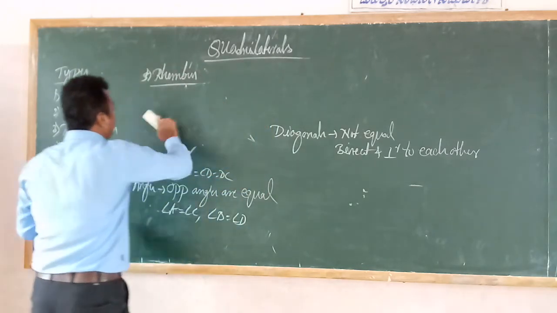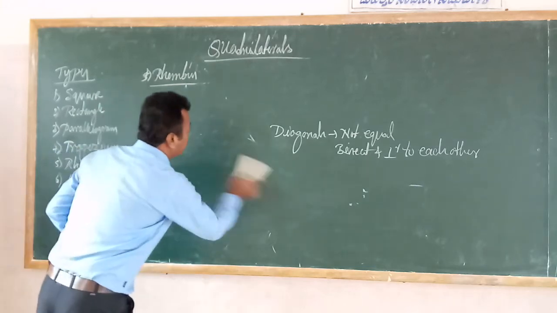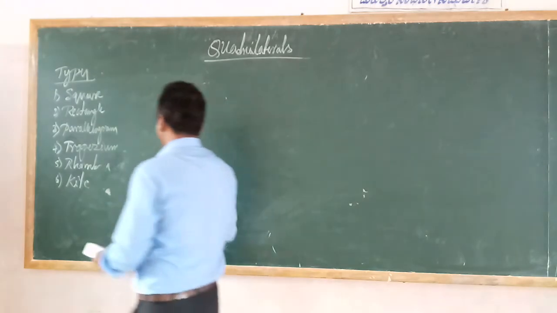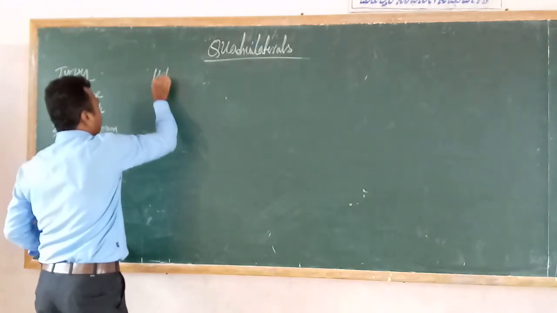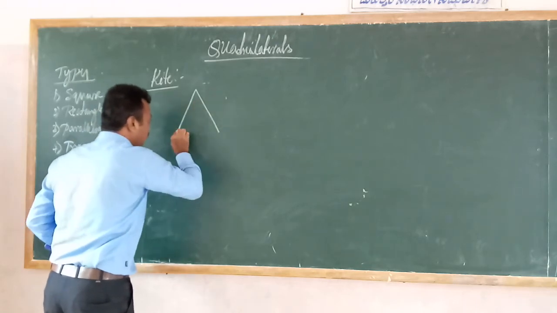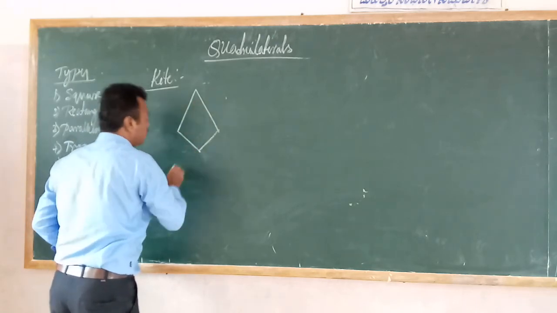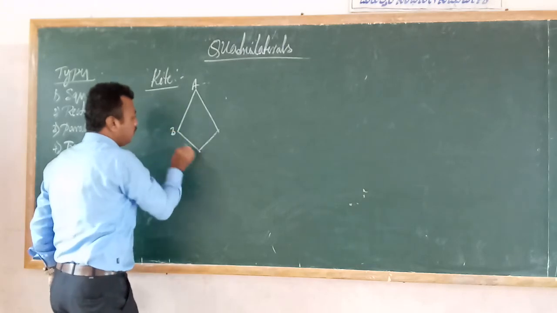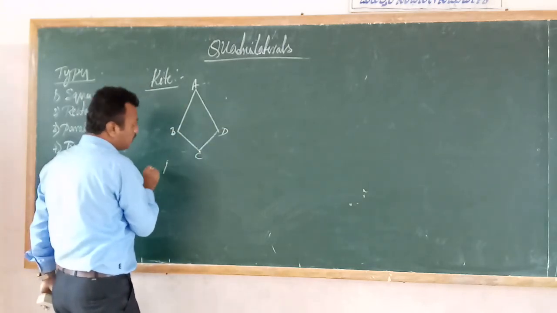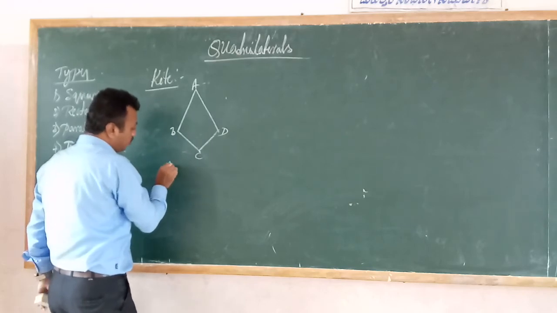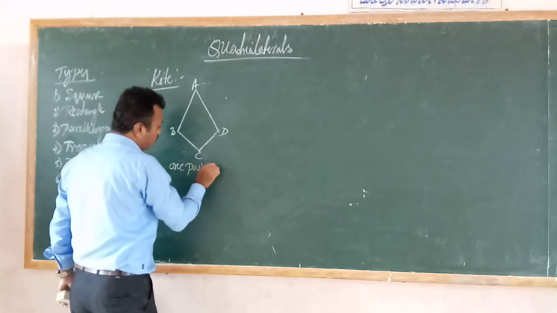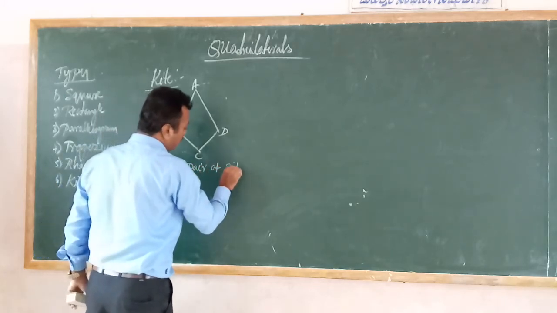Briefly I will explain it. Very simple properties are there in a kite. Yes, ABCD is the kite. In that kite, one pair of sides are equal.